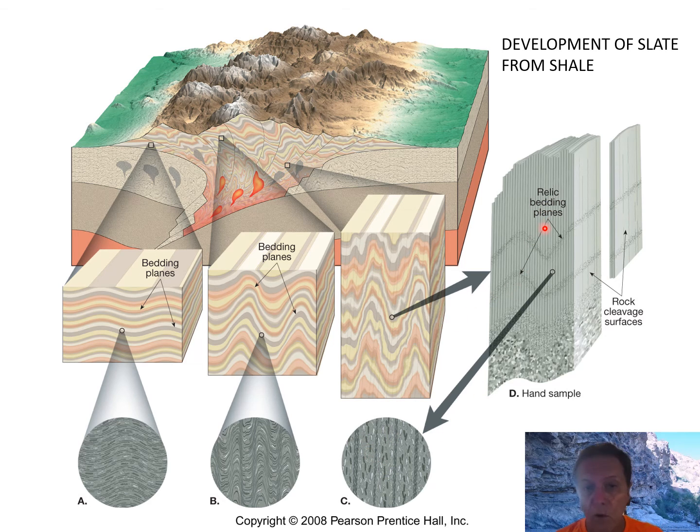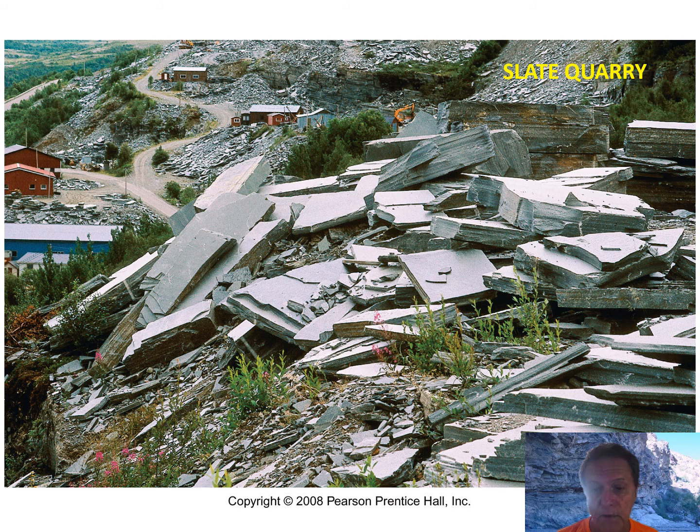So if you get uniform, regular planes like this that go vertically up and down, you get perhaps something like slate, which forms into very flat, uniform plates of rock, plates of slate. This is a quarry where they mine slate, which turns out to actually be a very useful building material.